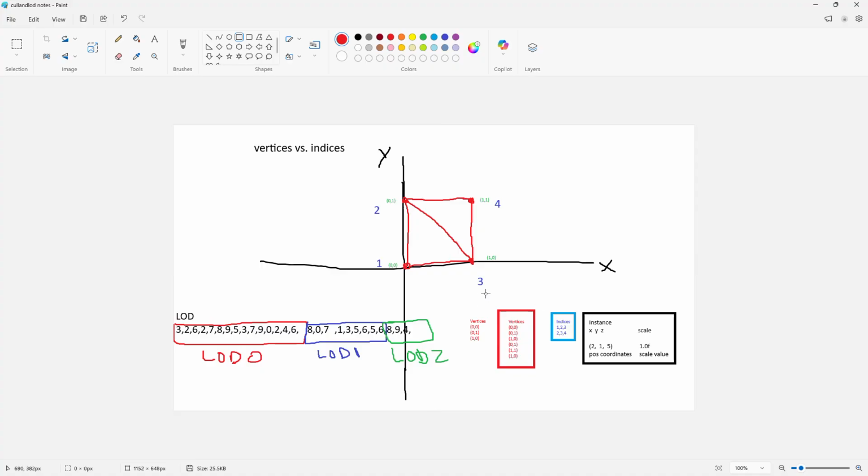As we said, the vertices and the indices are in charge of building the singular object. Okay, so we're building the singular object, right? The instance data is involved in moving the object into world space, right?